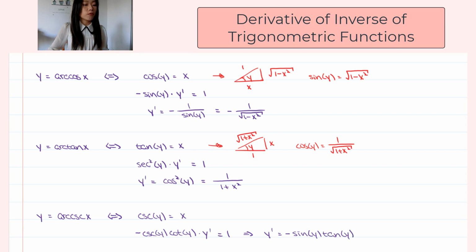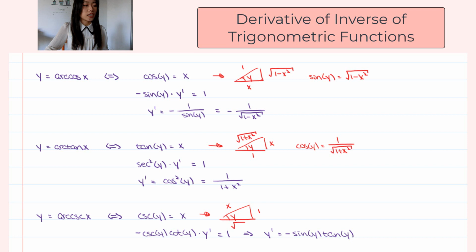Now let's find sine of y and tangent of y in terms of x. So from this equation, we have cosecant of y equals x. Cosecant also equals 1 over sine. So cosecant of y is the hypotenuse divided by opposite. And that equals x, which means hypotenuse is x and opposite is 1.